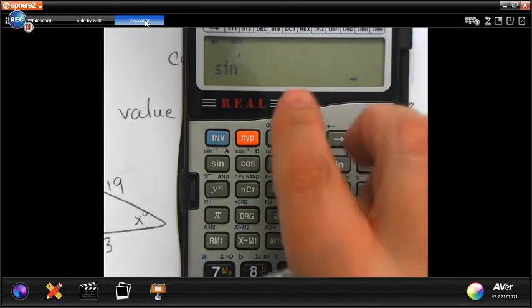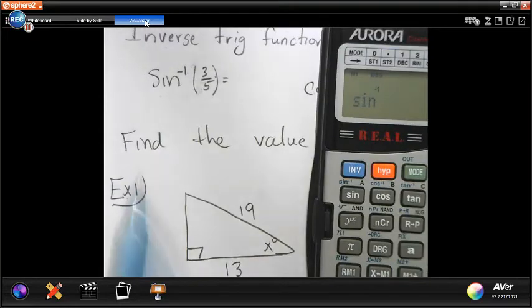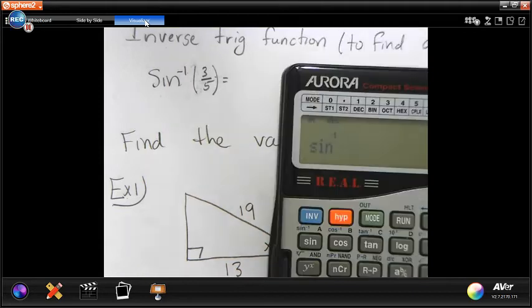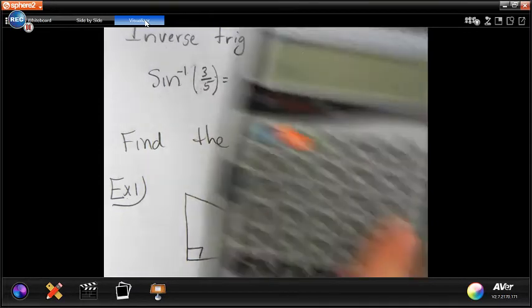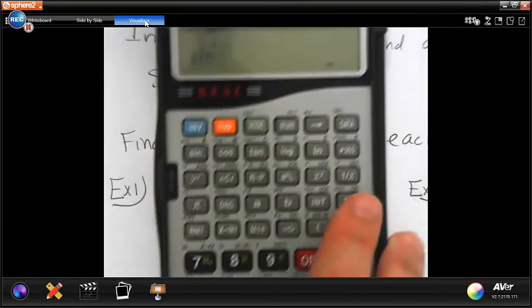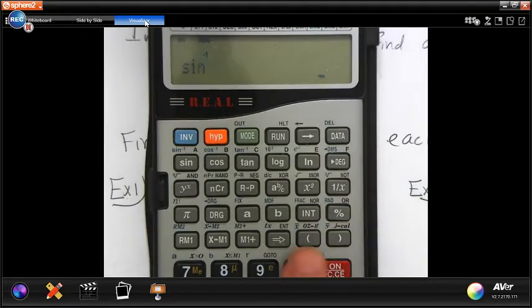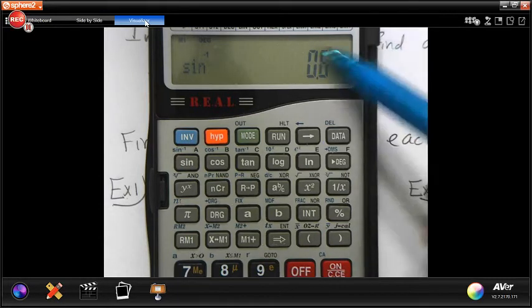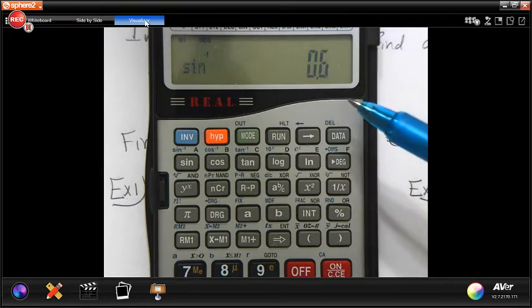My equation was 3/5, so I'm going to put that in parentheses. I have a parentheses button here. So I put parentheses, I have 3 divided by 5 in my parentheses, and I close my parentheses. That gives me the decimal, which is basically 3 divided by 5.